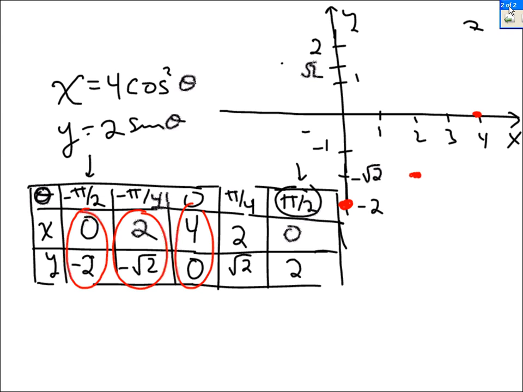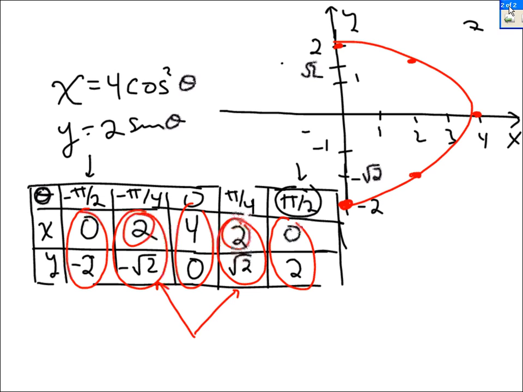And then we plot, interesting, x is 2, y is square root of 2. It's not even a function, because for the same x value, we got back more than one y value. We failed the vertical line test. And when x is 0, we go up to 2. So, to me, it looks something like that.